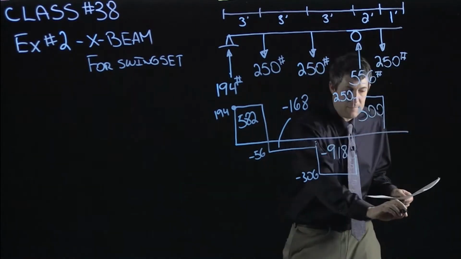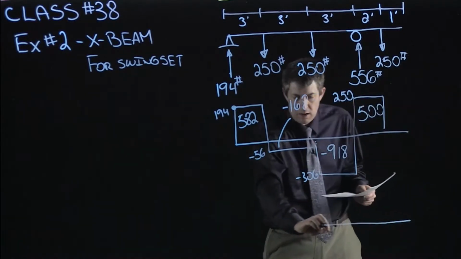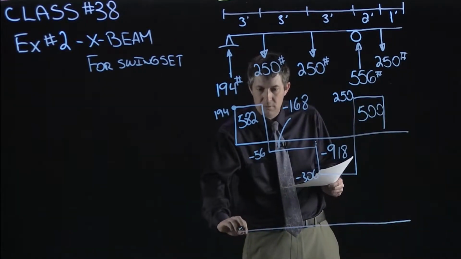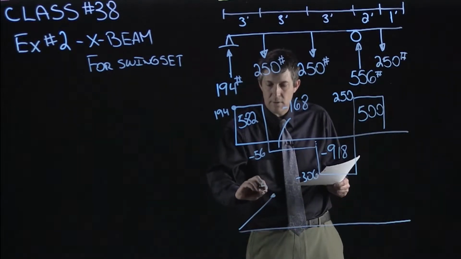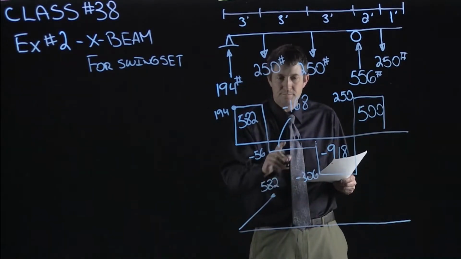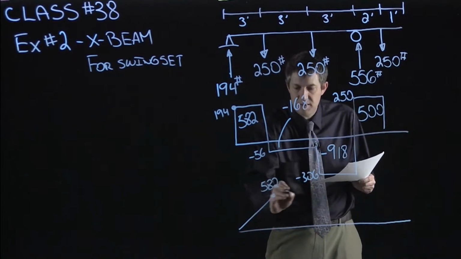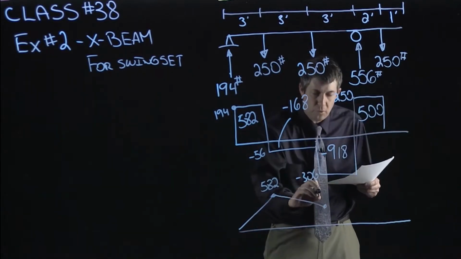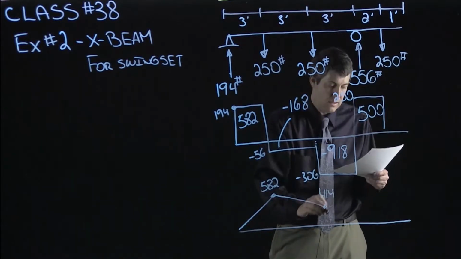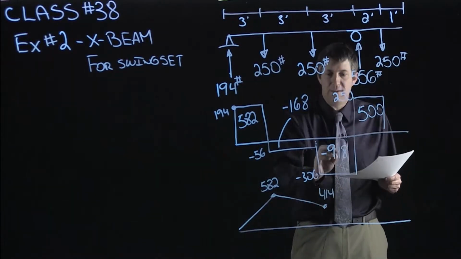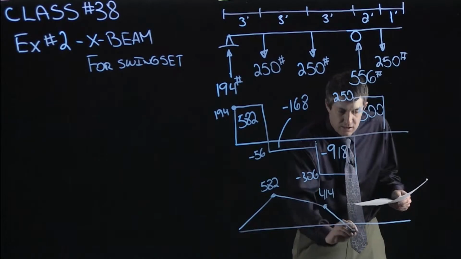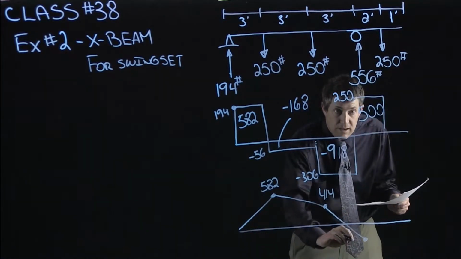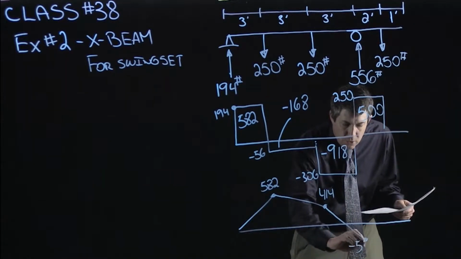So if I draw my moment diagram off of that, I go up 582. I go down to this value right there. I go down to 414. I go all the way down. That minus 918 is going to bring me down over there, which I think you guys can still see. That's about minus 501.